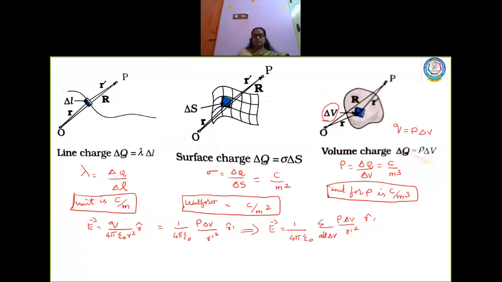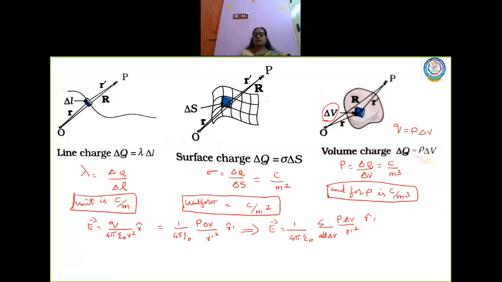So go through this concept and be very familiar with the formulas for linear charge density, surface charge density, volume charge density, and the units for these.